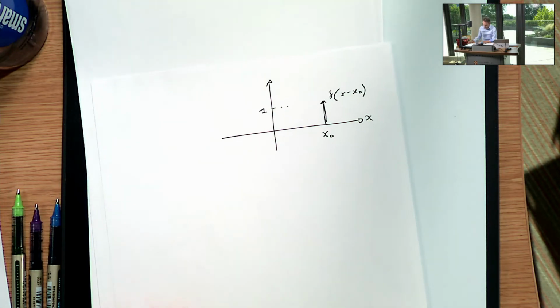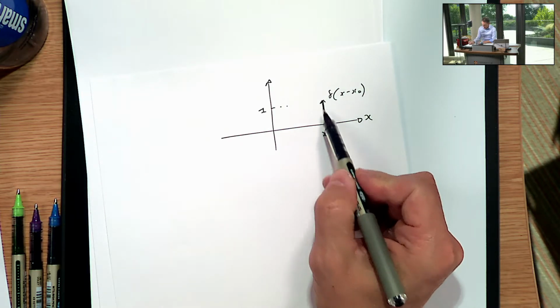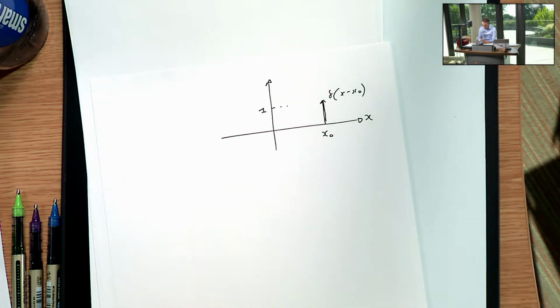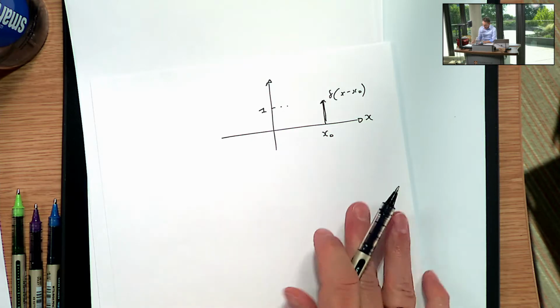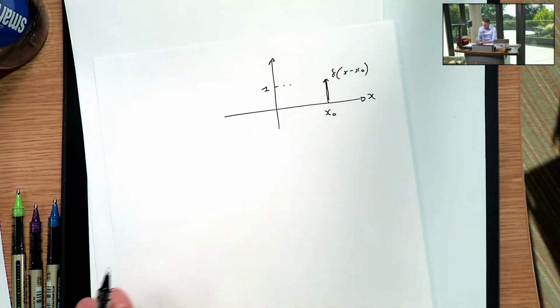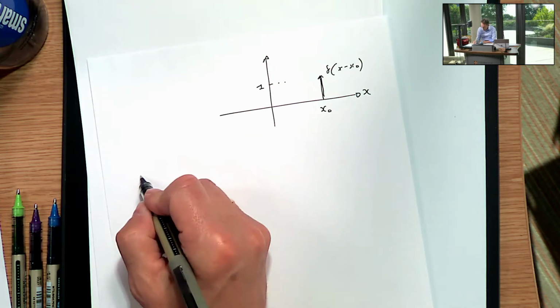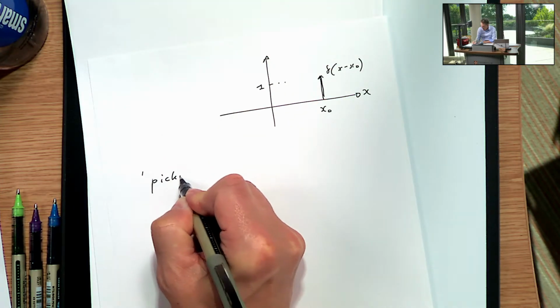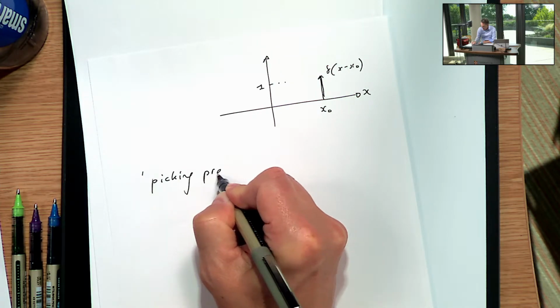and there's an interesting property now with this. Because the area of this function is 1, this turns out to have a useful property for us, and the property is called the picking property.